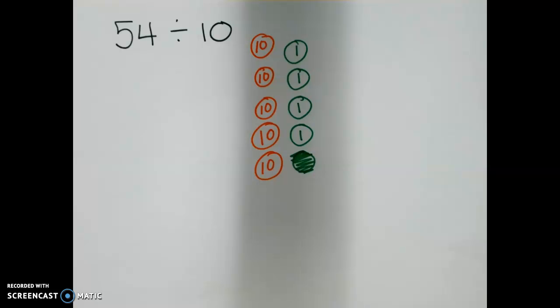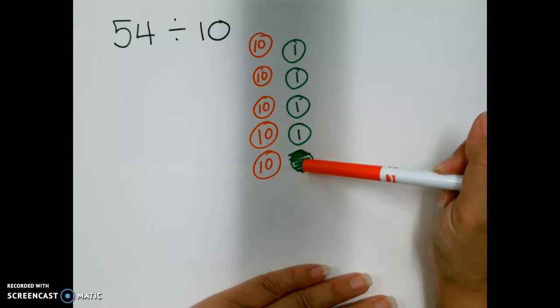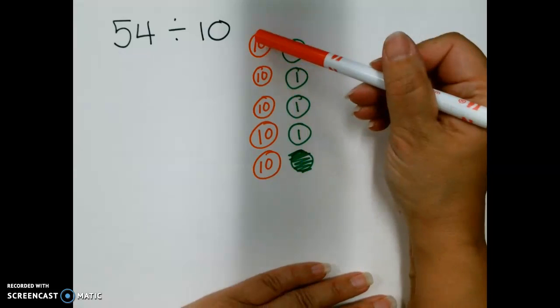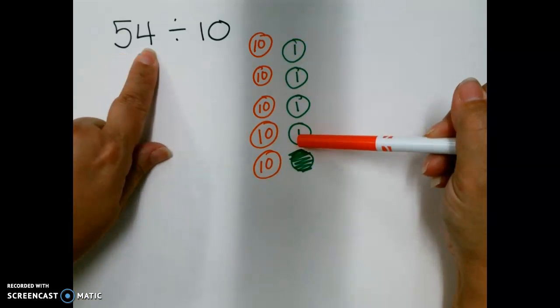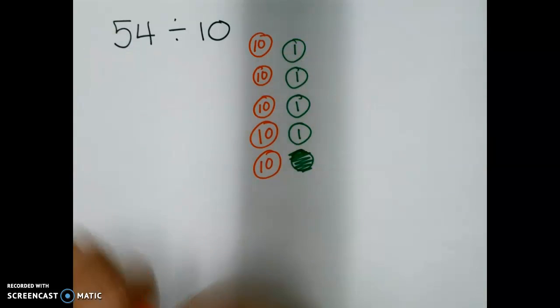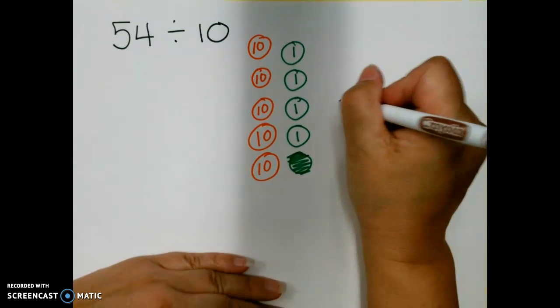So as you can see, I've drawn out my place value discs. I have 5 tens and 4 ones. Got a little ahead of myself, tried to draw an extra one. Anyway, so we have 5 tens, that gives us 50. 4 ones gives us 54. I'm going to divide that by 10.